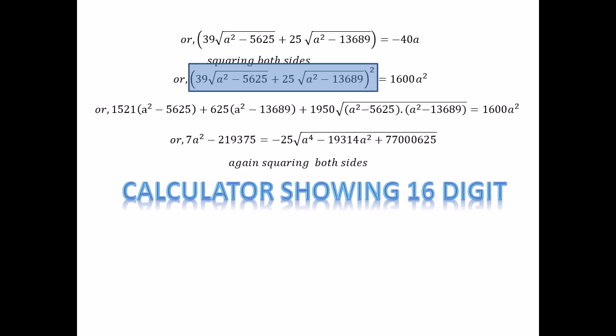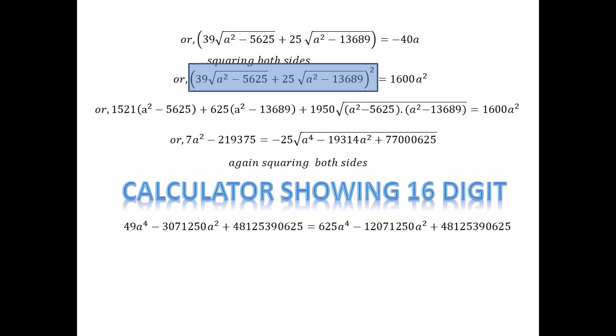Now after calculating we get this. We get 49 power 4 is minus 3071250 a square plus 481259065, and this is 25 whole square, 625 into this, and 625 into 19314 is this, and 625 into 7700,625 is this.